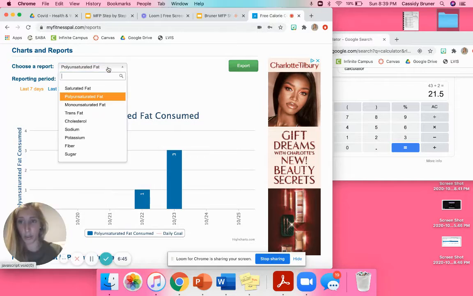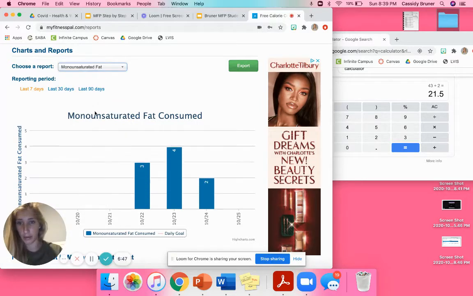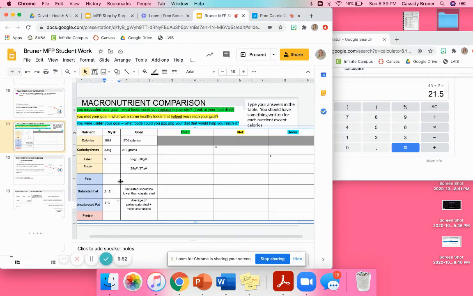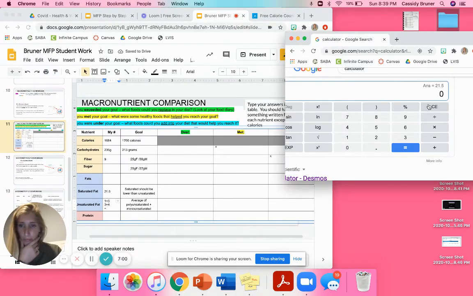Then I'm going to do my monounsaturated, that was 3 plus 4. Then I'm going to add all of those together and get the average for my unsaturated fat. So 1 plus 3 is 4, plus 7, that's 11, and then divide that by 2. I got 5.5.